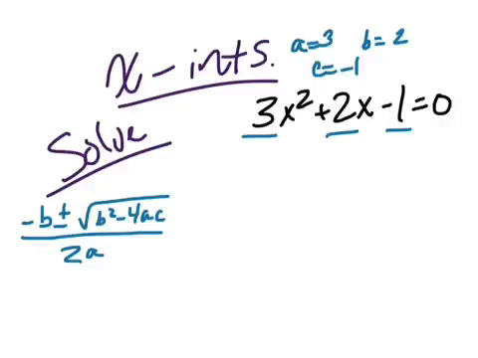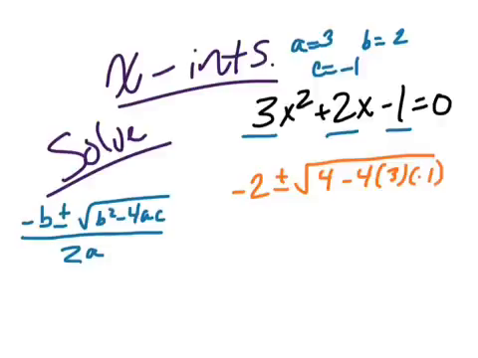So the opposite of b, that's going to be negative 2 plus or minus the square root of b squared, so 2 squared, which is 4, minus 4 times a times c, over 2a, so over 6.